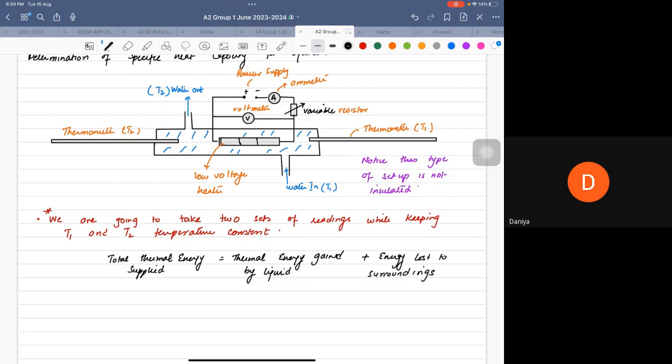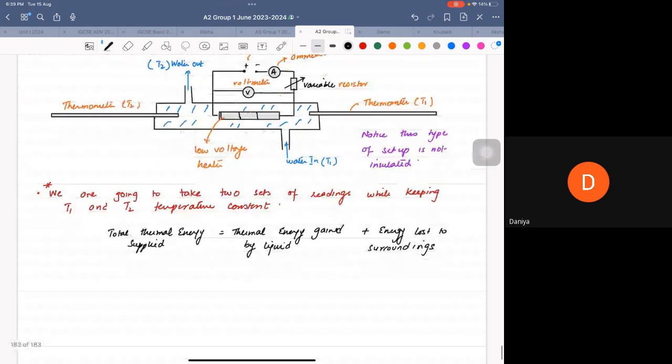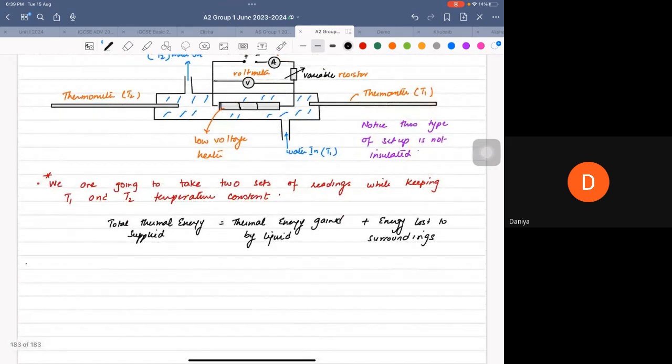Now, we're going to take the first reading. Let's call this reading 1. We're going to set a voltage and a current across it, and then turn it on for time t. Let's suppose 5 minutes, whatever time you've taken.